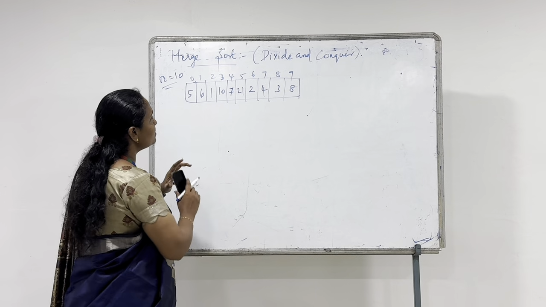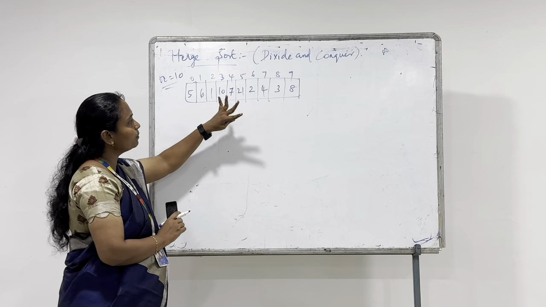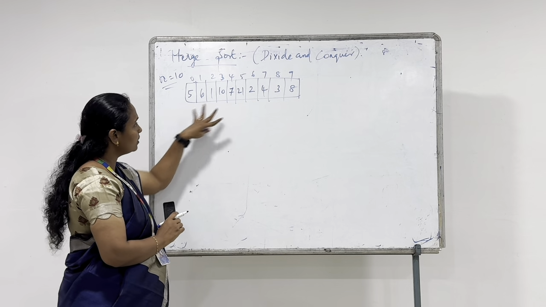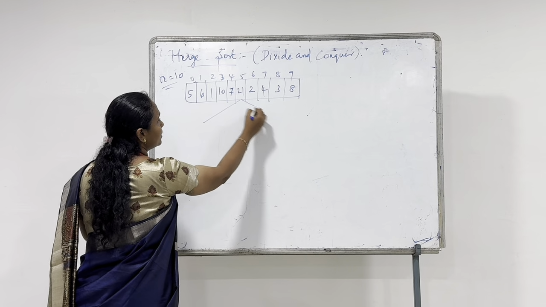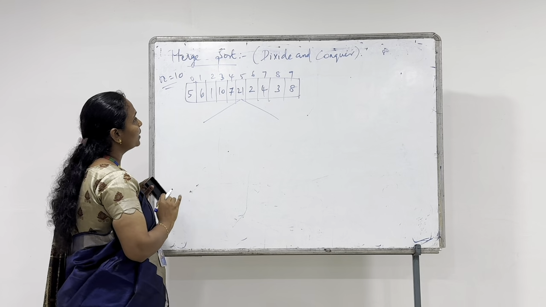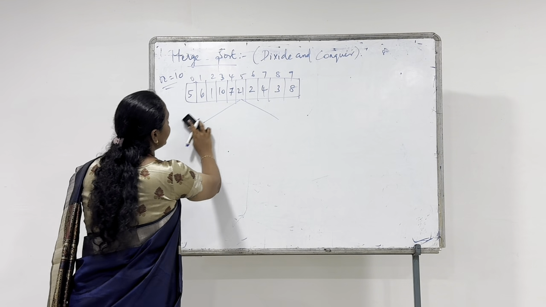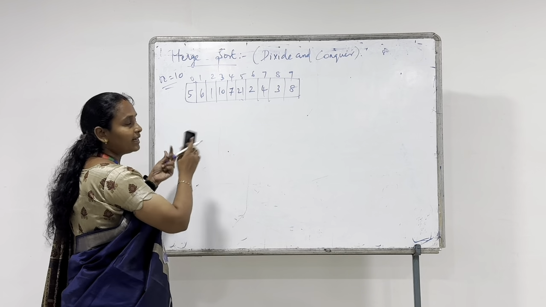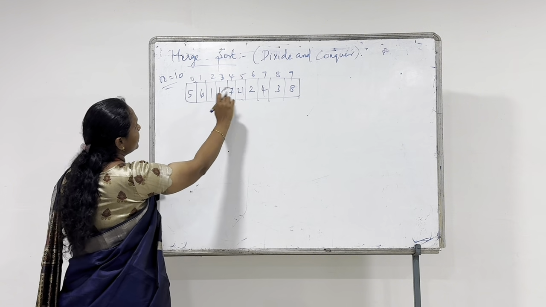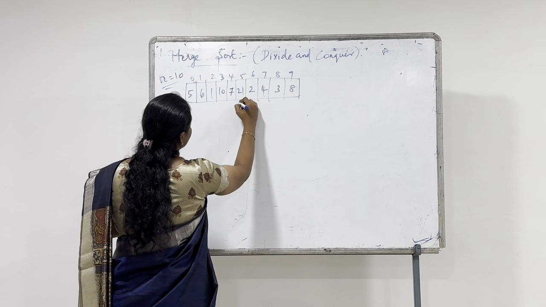Divide and conquer means we are going to divide an array into two equal parts. How can we divide this array into two arrays? By taking a midpoint. So the midpoint of this array is this 5.